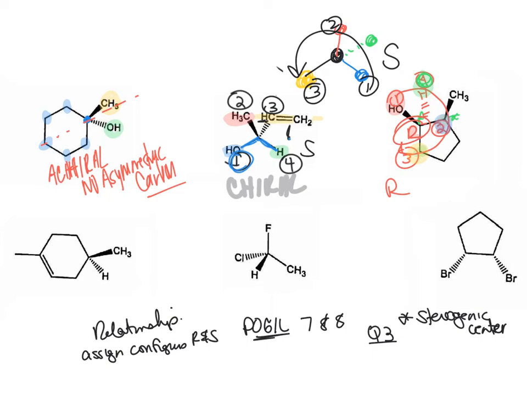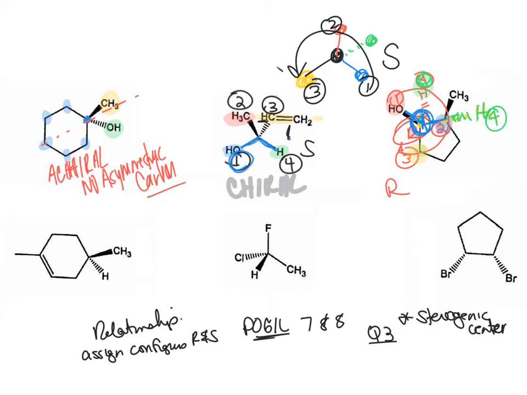And what about the other? Well, we have CH3, we have this carbon, and we need to draw in our hydrogen. So draw in your hydrogen, that's going to be 4. Let's make that green. So this is going to be number 4. Number 1, we're going to make blue. So number 1 would be carbon oxygen. This is going to be number 1.